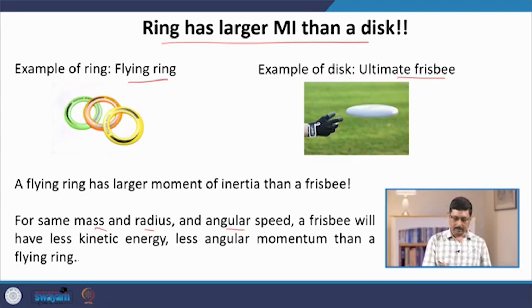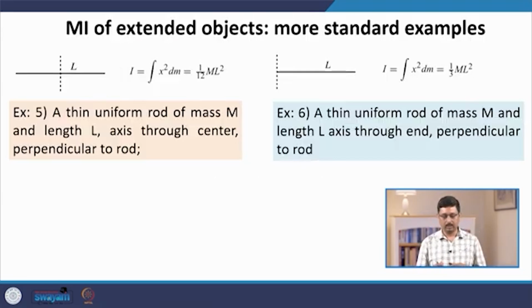So, that means this disk will have less kinetic energy and less angular momentum than a flying ring. That is why it is much easier to control a frisbee compared to the ring. So, that was about a real life example from a game.